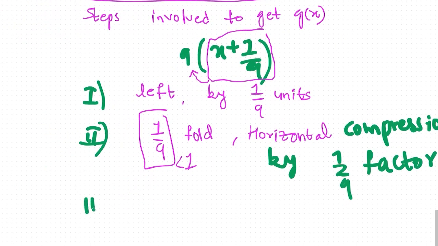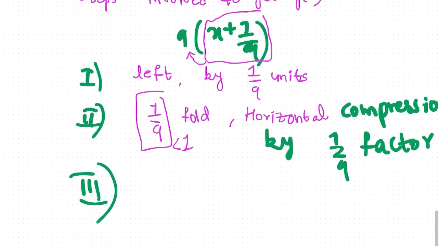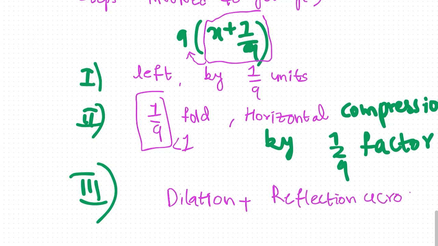Slowly come out, inside to outside. And now you do the vertical change by -2. By -2 means what? You reflect it over the x-axis, and then it's vertically stretched by 2. Vertical dilation and reflection. Reflection across which axis?